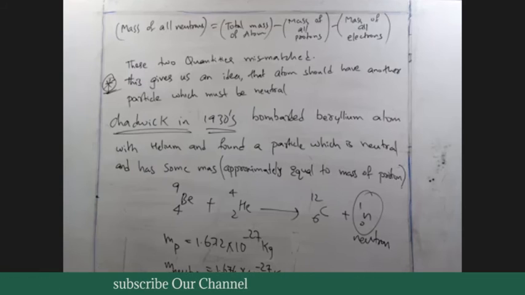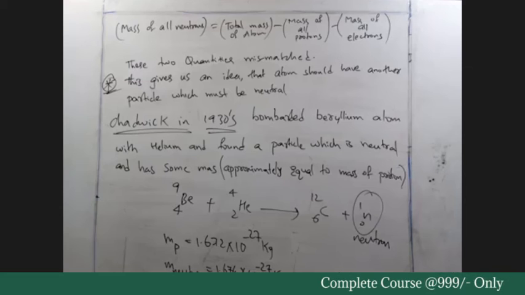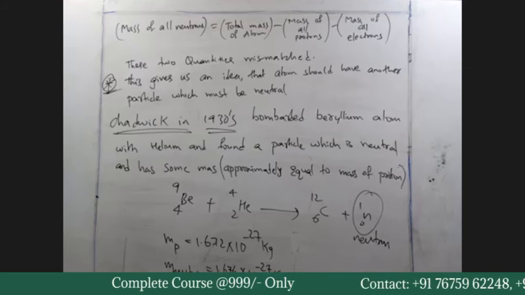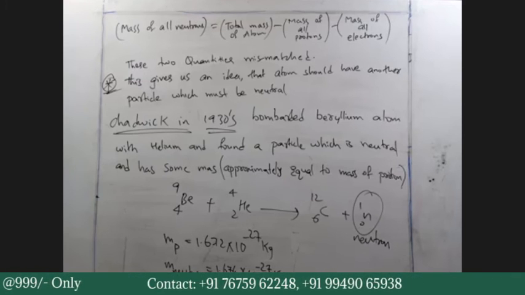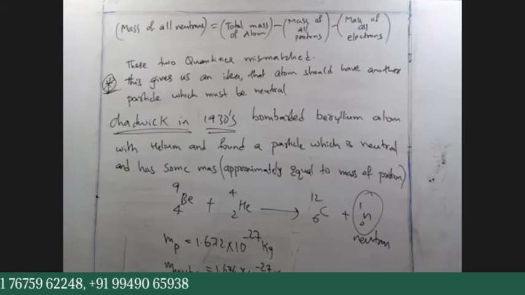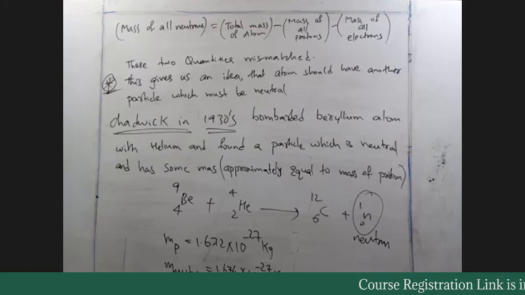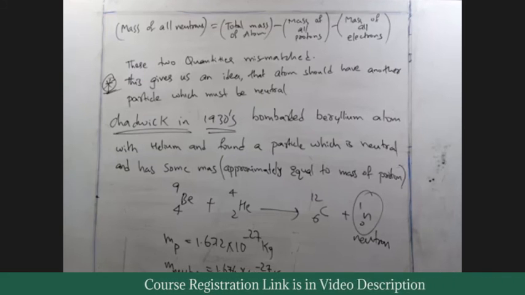That is given by Rutherford. Thomson says the positive sphere is occupied completely inside an atom and electrons are like seeds. How did Thomson know it? It is his model, his approach. Similarly, Rutherford's approach was that protons and neutrons are present at the center.